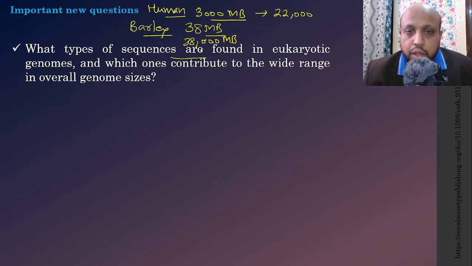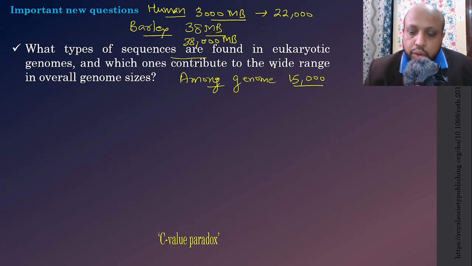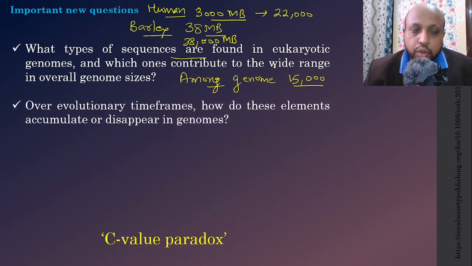Obviously, these are the repetitive DNA sequences, which can play an important role in regulation. But it is still not very clear, because of the amount of genome sequence available. So far the genomes of roughly 15,000 organisms have been sequenced. More genomes have to be sequenced, and then we can get a better idea. That's how the C-value paradox comes into the picture.